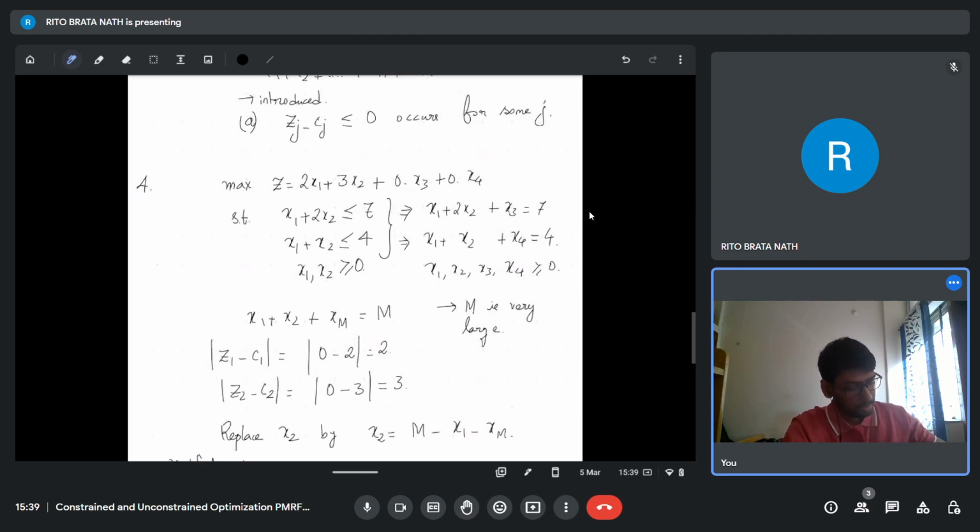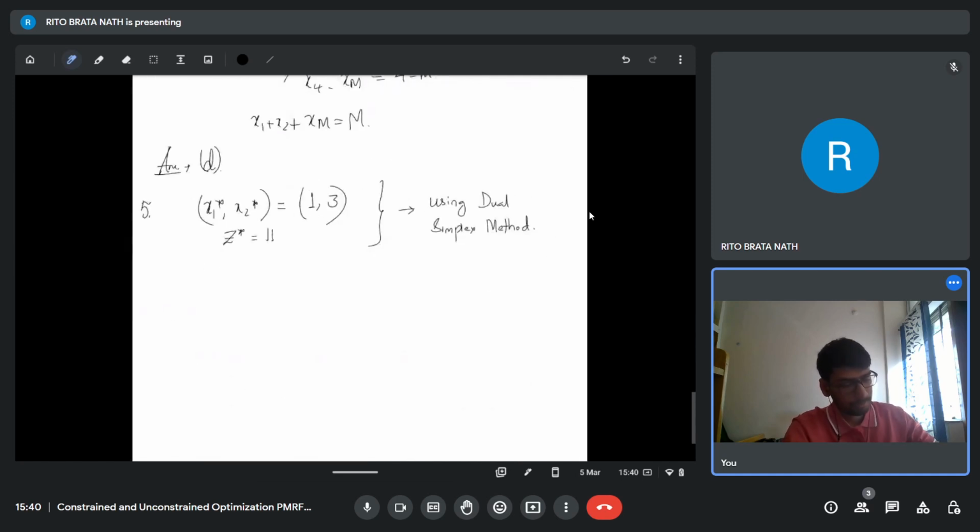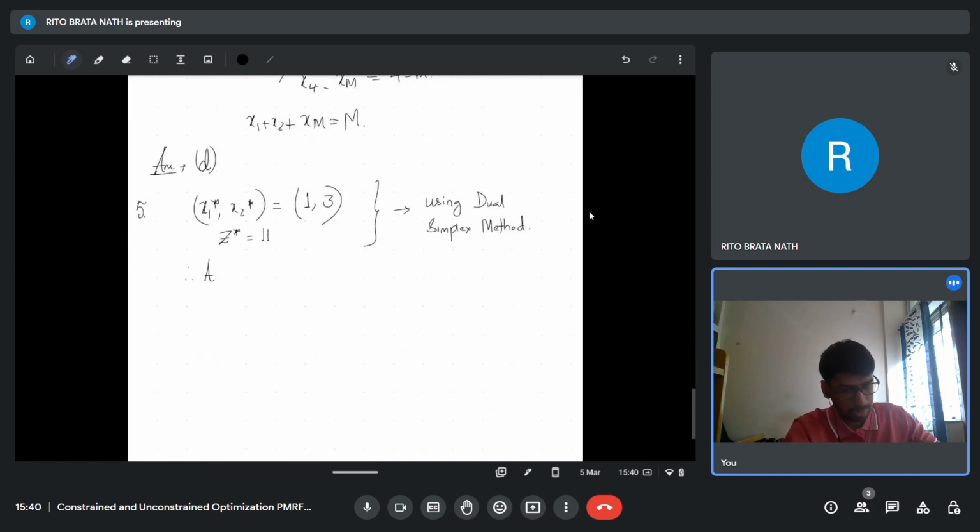So same method using dual simplex method. Your answer here is A and C.